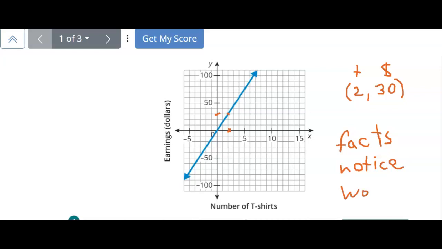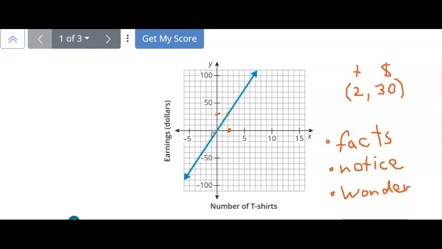I know the instructions say facts, but you don't have to just write about facts. You can write about facts you notice in the graph, things you notice, or things you wonder about.